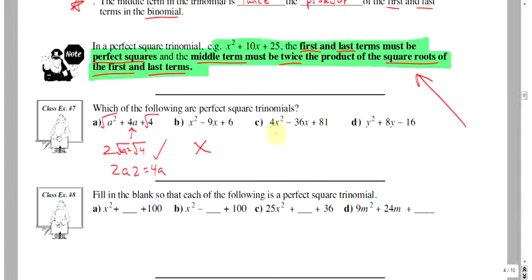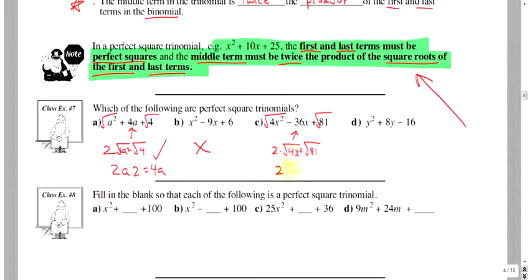This guy. Can I take the square root of 4x squared? Yeah, it's 2x. Can I take the square root of 81? Yeah, it's 9. Now, the trickier one. Is this 2 times the square root of the first one times the square root of the second one?